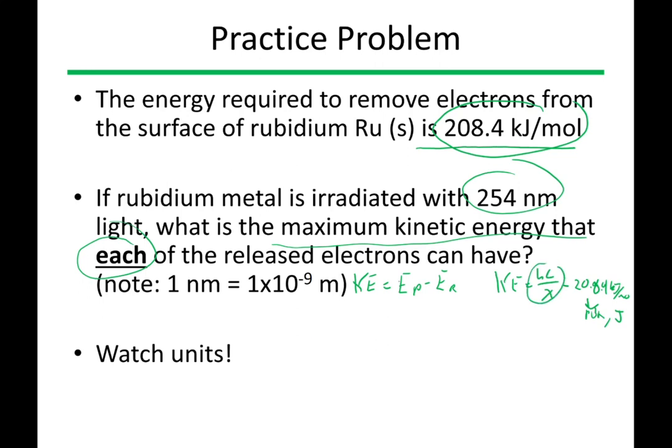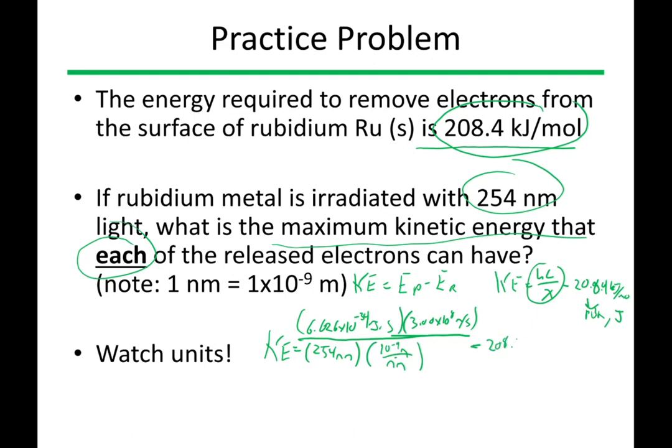So plugging this in, we get the KE is equal to 6.626 times 10 to the negative 34th joules times seconds times the speed of light, meters per second, divided by the wavelength. But we have to remember to put that in meters. And setting up our energy required to eject it, so 208.4 kilojoules per mole, and that's 1,000 joules per kilojoule, and Avogadro's number of photons per mole.